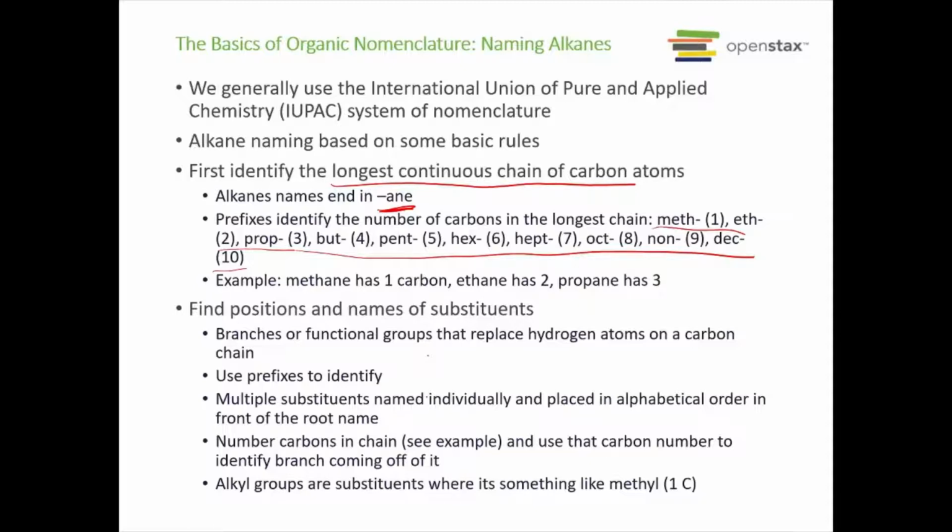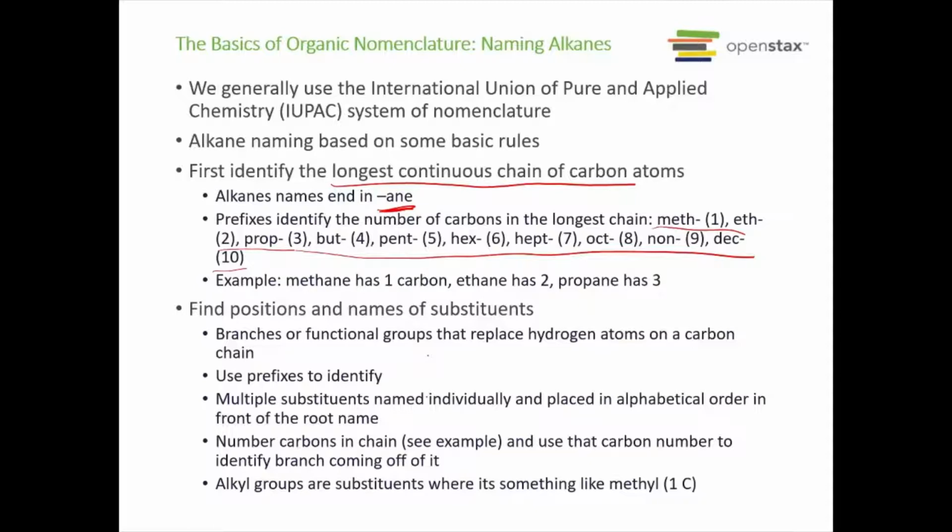Then the next thing you do is look for any branches or substituents that might be coming off of your chain. Branches are also called functional groups, which influence a lot of the chemistry of our molecule. We'll talk more about those later. These replace the hydrogen atoms on a carbon chain, and we use prefixes to identify what that branch is.